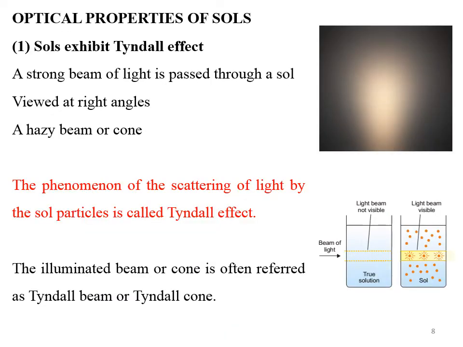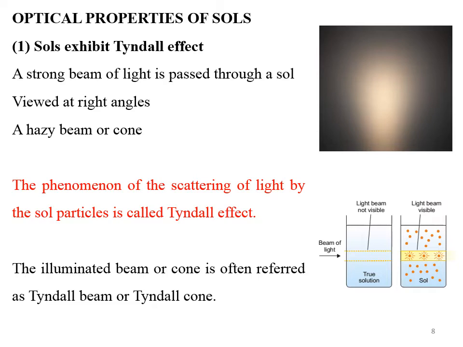And now the optical properties of sols. The first optical property of the sol is the Tyndall effect. The sols exhibit the Tyndall effect. Actually, when a strong beam of light is passed through a sol and viewed at right angles, the path of light shows up as a hazy beam or a cone. This is due to the fact that sol particles absorb light energy and then emit it in all directions in space.